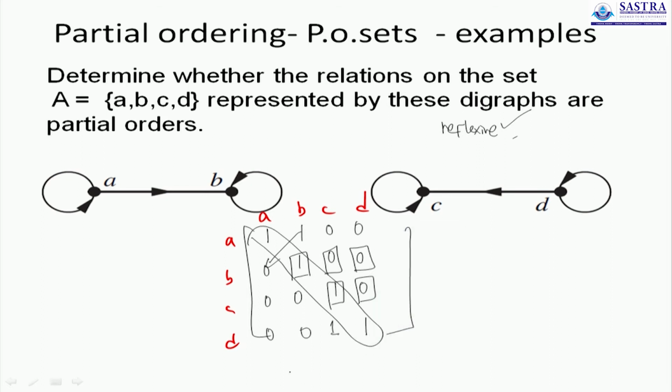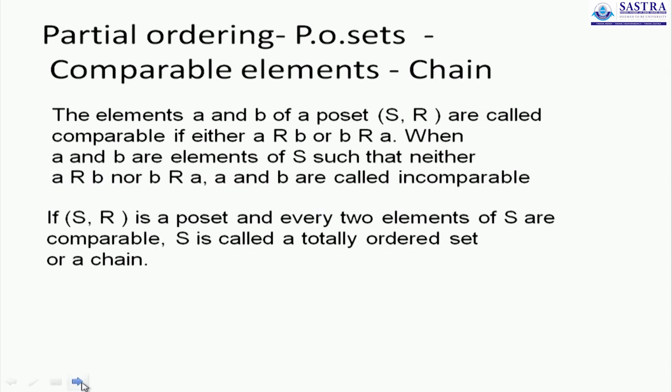DC has a symmetric opposite in CD, but CD is absent anyway. That won't be an issue. Therefore, you see that this is reflexive, antisymmetric, and also transitive. Therefore, the given relation forms a partial ordering on the given set and the set is a poset.